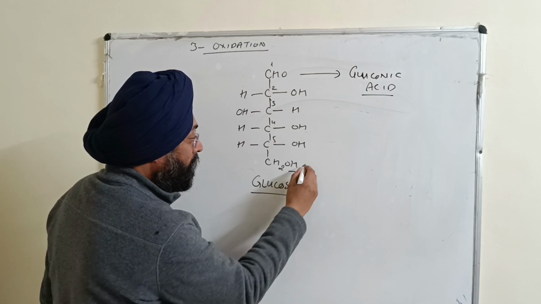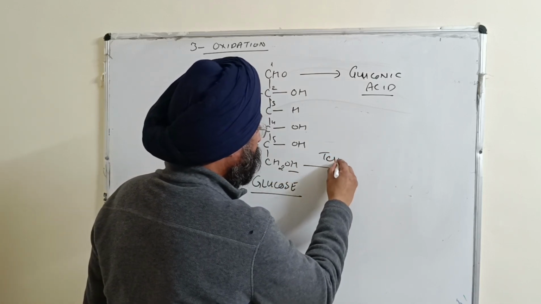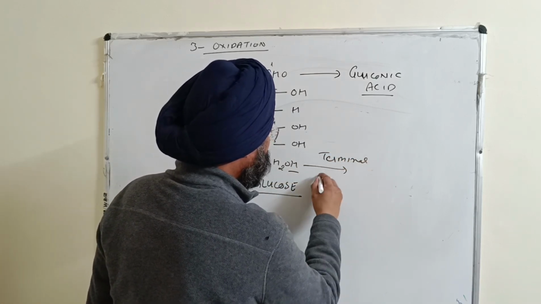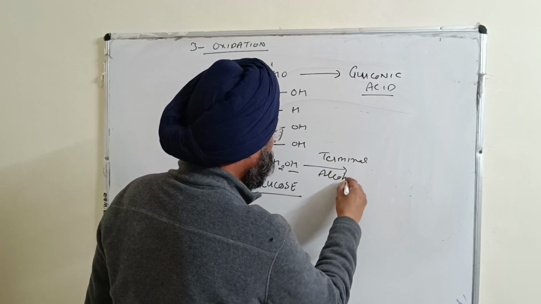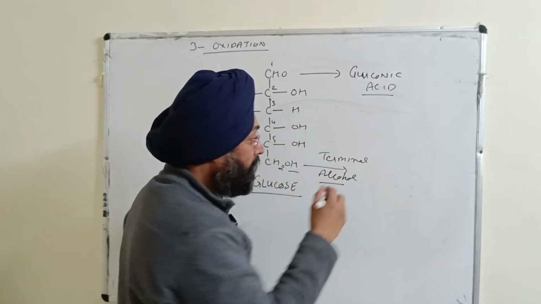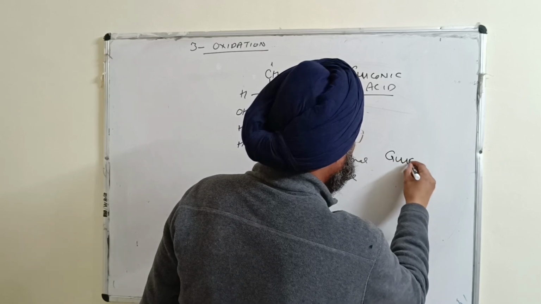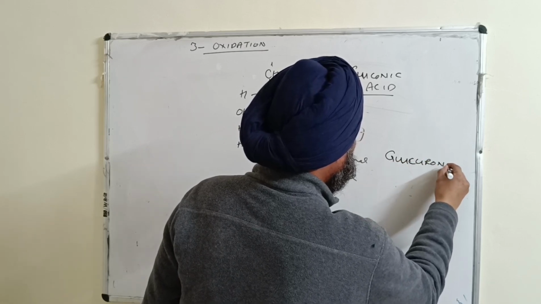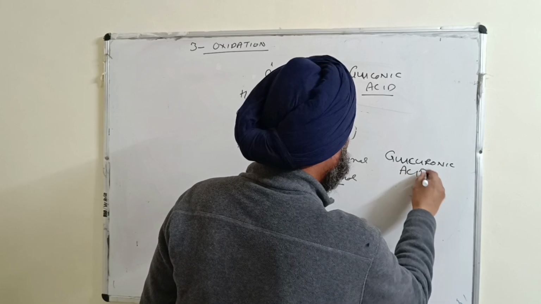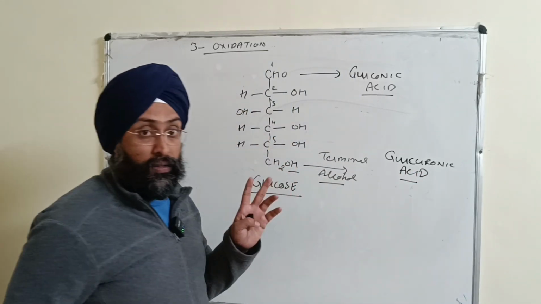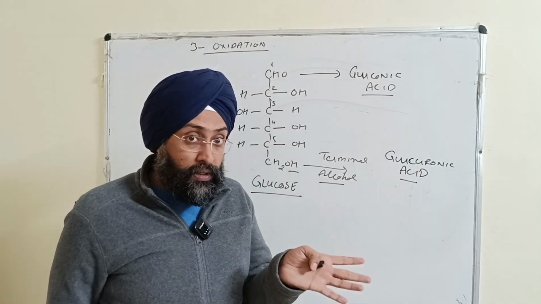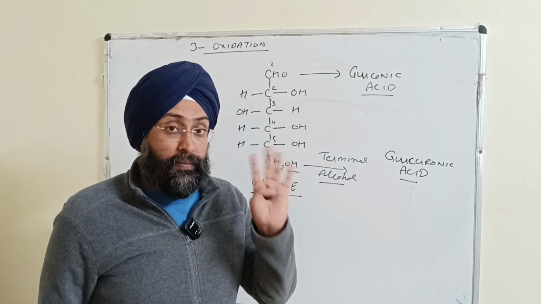But if we oxidize the terminal alcohol group, the product is different, that is our glucuronic acid, right? So oxidation depends on the oxidizing agent used and which carbon atom is being targeted.